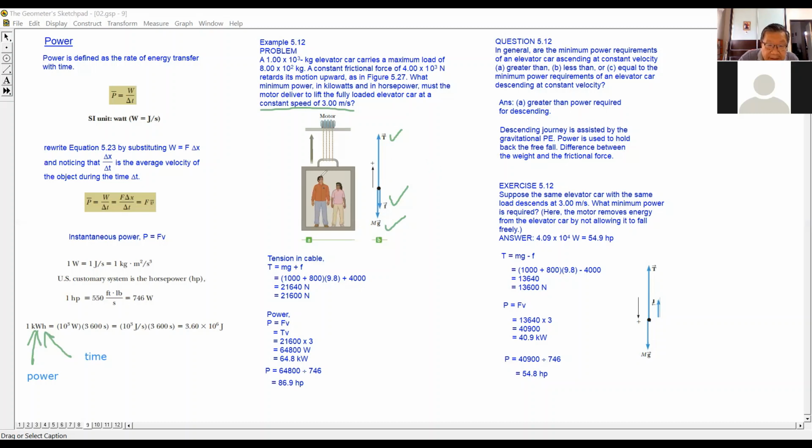Another force acting downward is the weight of the passenger and the elevator. So these three forces balance one another. By looking at the force diagram, I know that the tension in the cable is equal to the weight and the frictional force. So this is the equation.